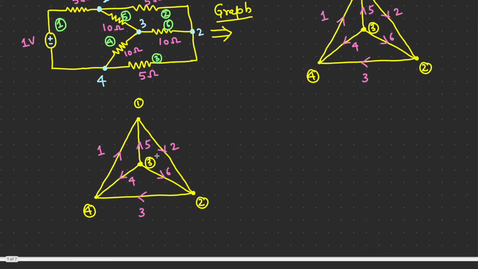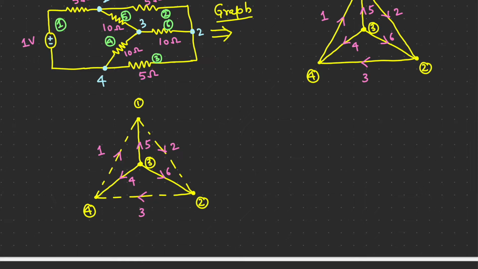Now I have copied and pasted the graph here, and I am going to take the tree as 4, 5, 6. So the remaining branches 1, 2, 3 will act as links. I'll make it look like a link by erasing some portion so that it becomes a dotted line.